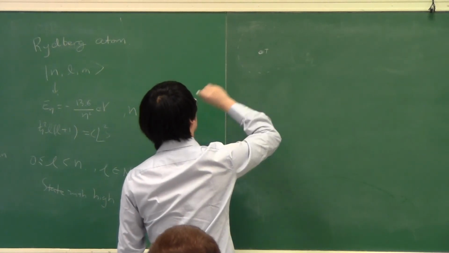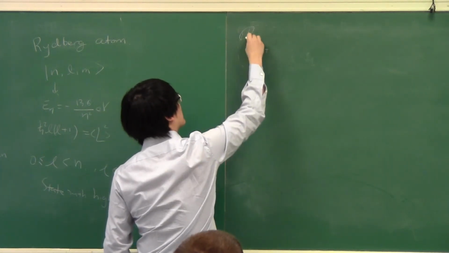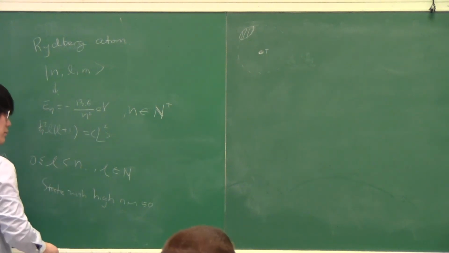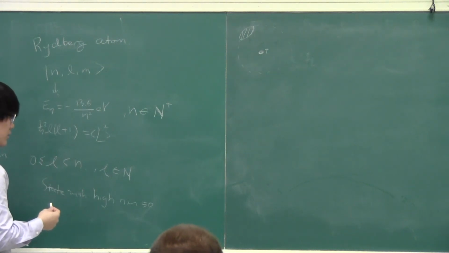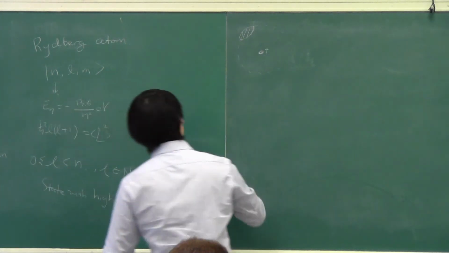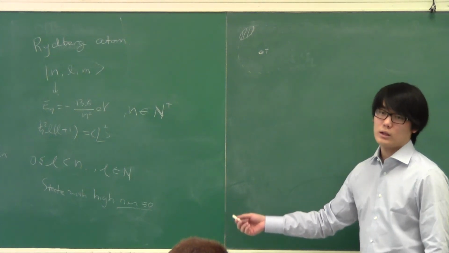If I wanted to expand the packet over here, to be localized to a certain degree, I would need to sum over a large number of l, a large number of spherical harmonics. And this is only possible if I am at extremely high n, like n equals 50. So a state at n about 50 can be well localized angularly.